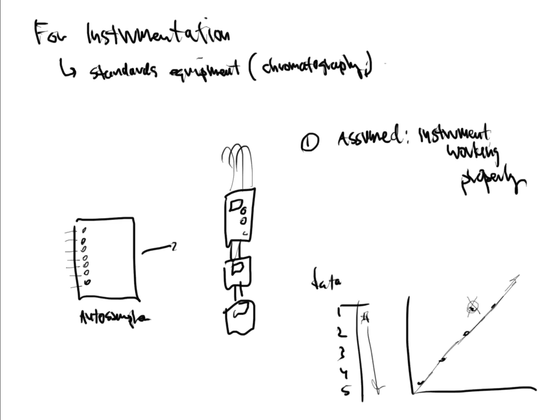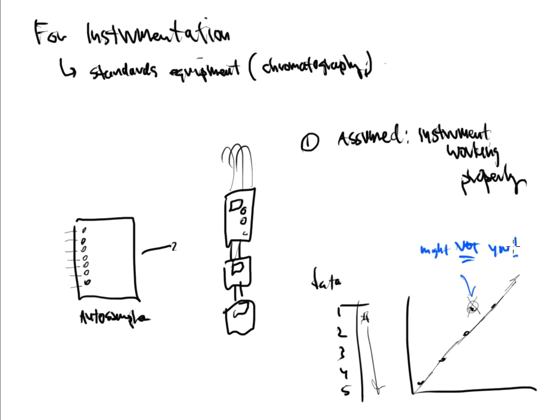And then I can draw a linear regression line through the rest of the points. Well, here's the moral of this story. This mess up might not be you. That mess up could have been due to the equipment, to the instrumentation. Believe it or not, the instruments are not perfect.